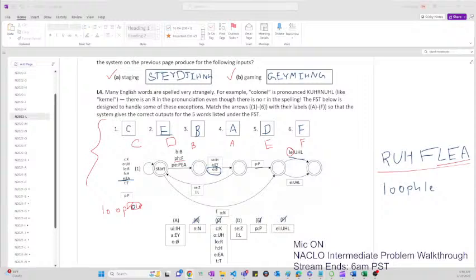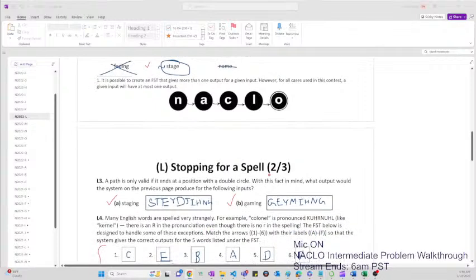Let's see. What's this problem called? Stopping for a spell. NACLO stopping for a spell. Answer explanation. I feel like Reddit might have someone asking that question.